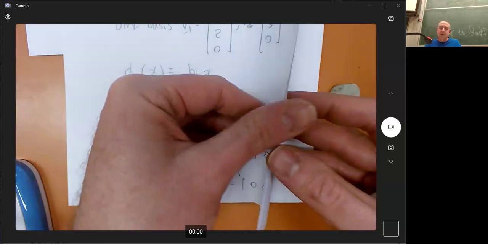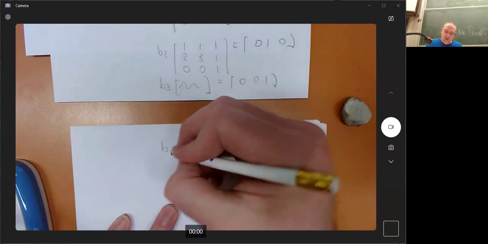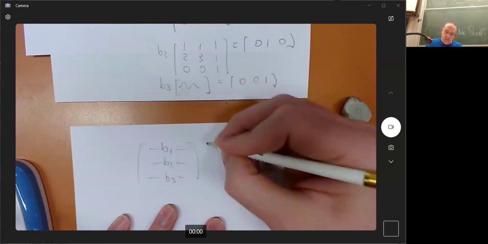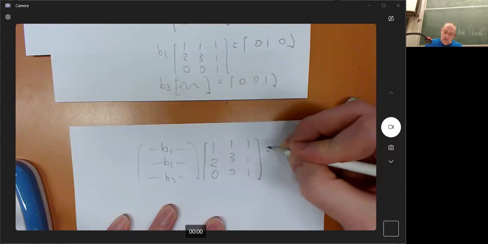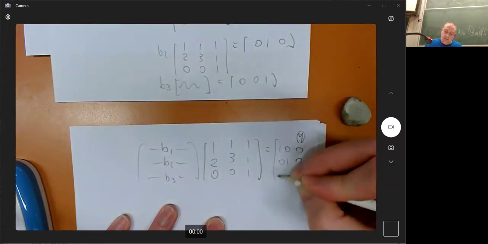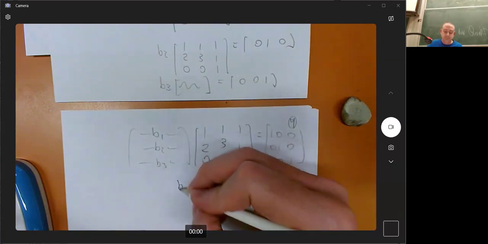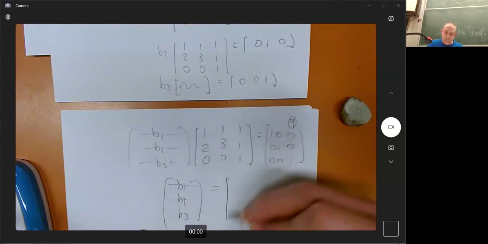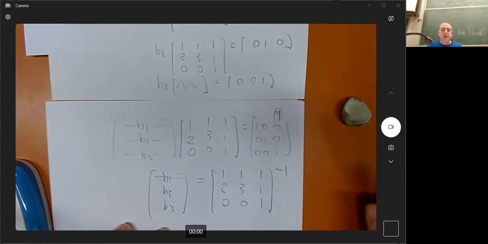And therefore, nothing up my sleeves, the matrix that has B1 in the first row and B2 in the second row and B3 in the third row, times this one that has the vectors as columns, will be 1, 0, 0, 0, 1, 0, 0, 0, 1. And therefore, this matrix is the inverse of that matrix. Is that not cool?